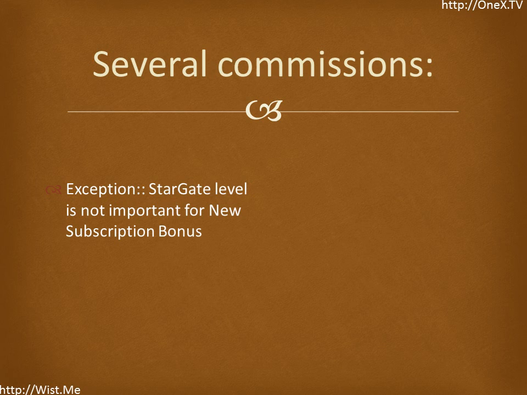There are several ways that you can make money in QLxChange, which means that you can make a lot more money. In 1x you could make a lot of money, but in QLxChange you can make a lot more money, because like I said, there are several commissions.